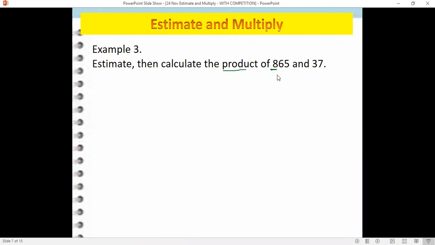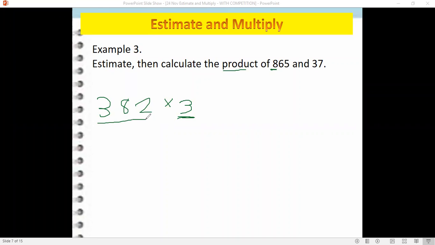I'll give you another example. Let's see here. We have 865 and 37. What do you notice here? Before I give you this, I'm going to give you one more example. If we have 382 times 3, since we have only one digit here, we are not going to round it.